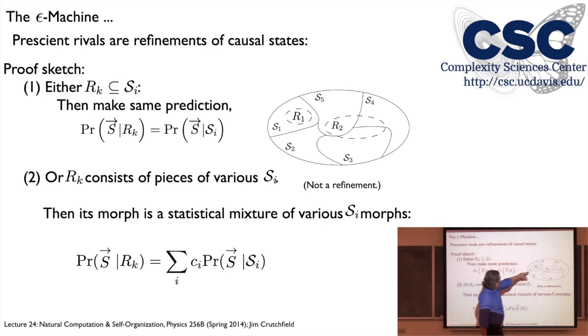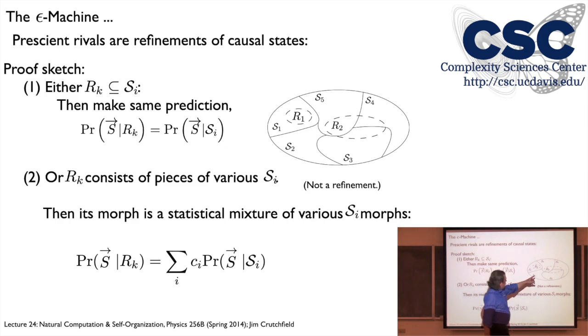So in the first case, if one of the partition elements is completely contained in or equal to one of the causal states, then by definition they make the same prediction. So there's no real difference here. Either way, the future conditional distribution is the same, that's fine.